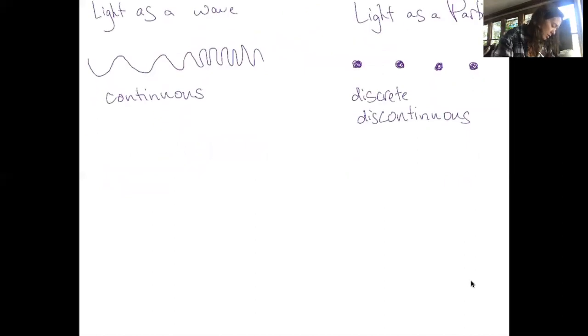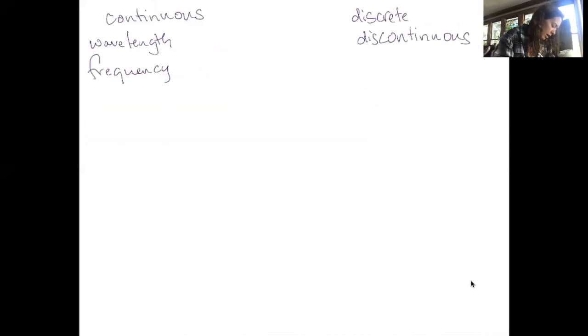We can talk of light as a wave because it has both wavelengths and frequencies, all right? And we can look at the electromagnetic spectrum, right? And what is it a spectrum of? It's a spectrum of radiation.